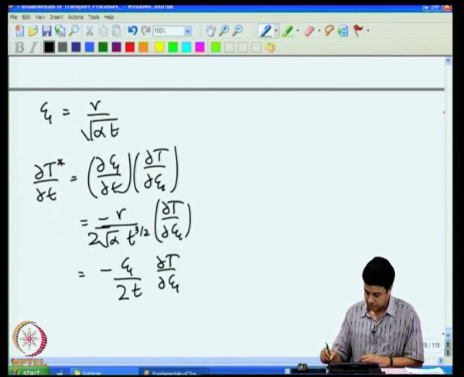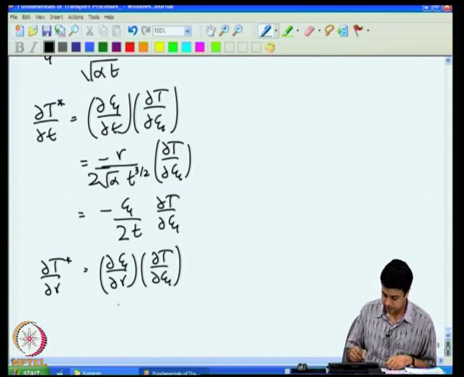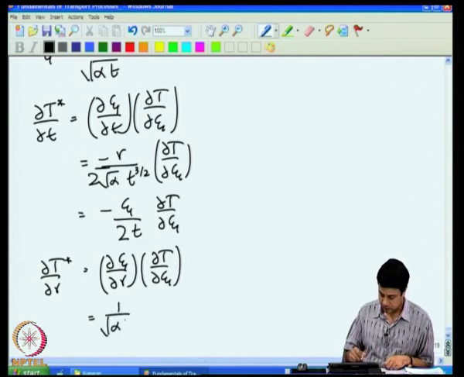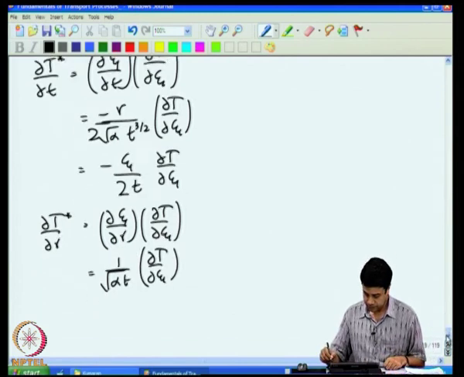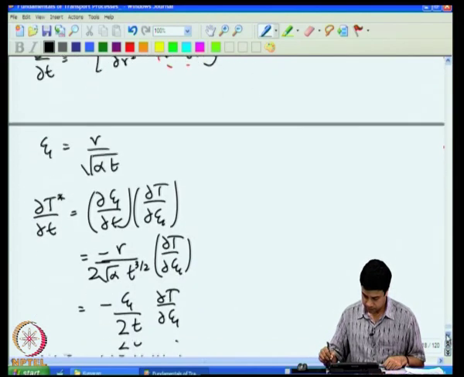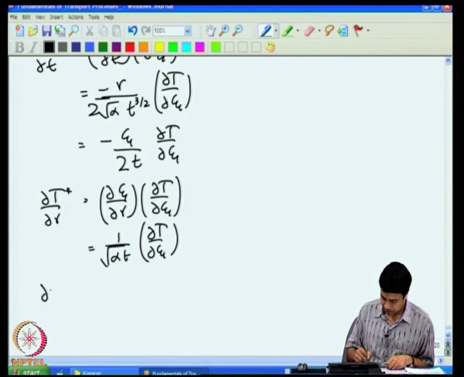So, this is the time derivative. Then dT by dr will be equal to d psi by dr times dT by d psi, which will be equal to 1 over square root of alpha t dT by d psi, and I can take the second derivative d square T by dr square is equal to 1 by alpha t d square T by d psi square.